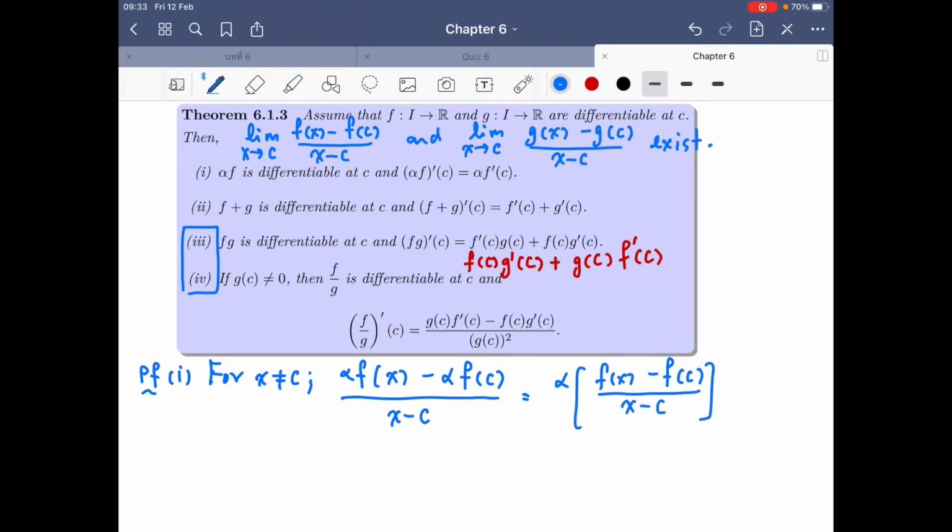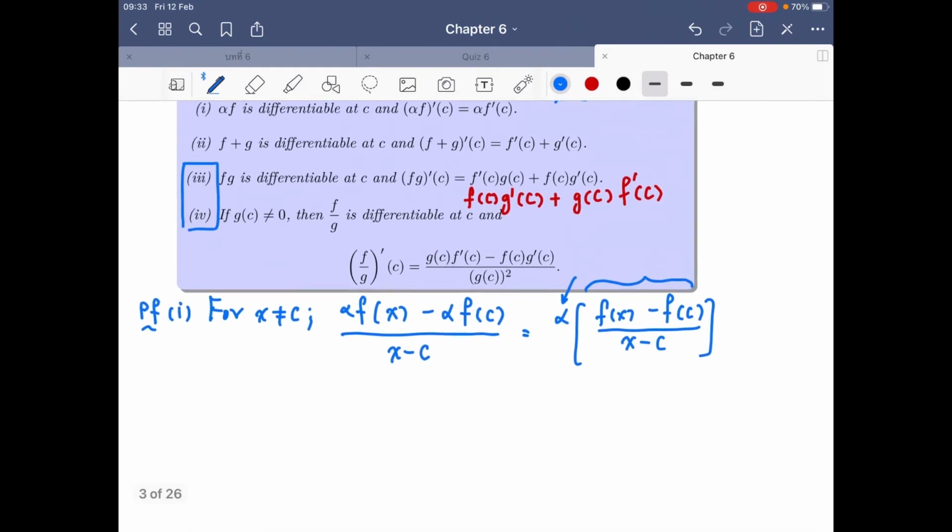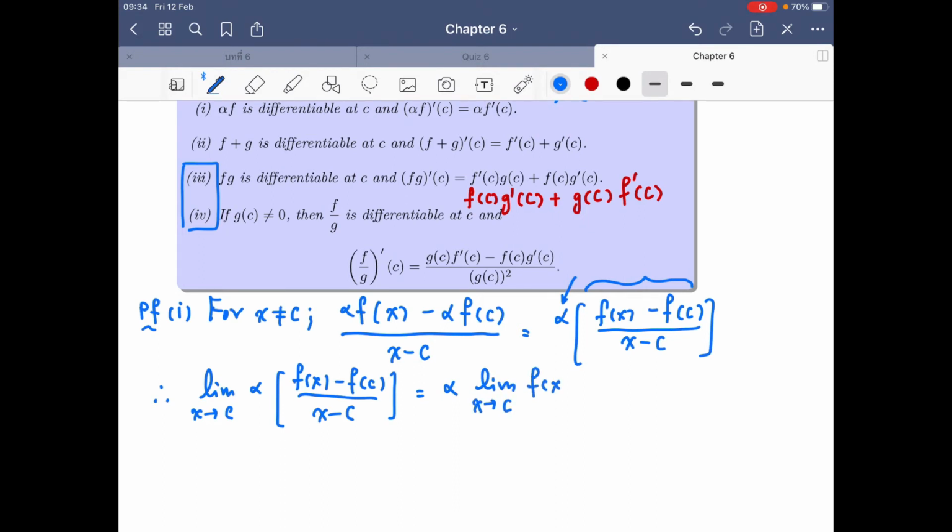Because alpha is simply a constant and the limit as x goes to c exists, the limit as x goes to c of alpha times this quotient is the same as alpha times the limit of the quotient, which is simply alpha and then the derivative of f at the point c.